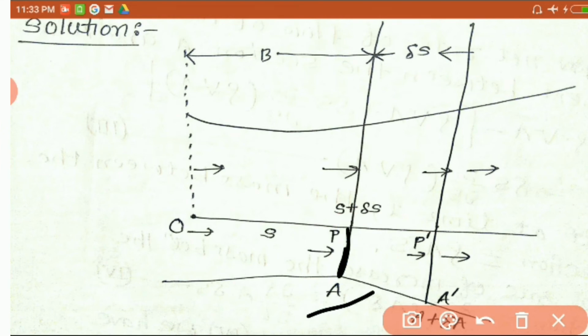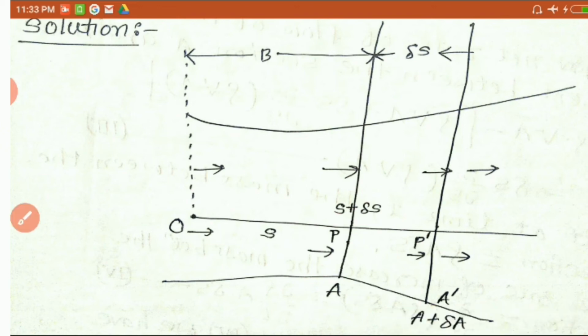Since tube is fine bore and flow is of a unique direction, therefore the rate of mass flux over the cross section area is density into velocity into area, which is equal to, for density that is rho, for velocity that is v, and area is A. So that section area is equal to rho va.